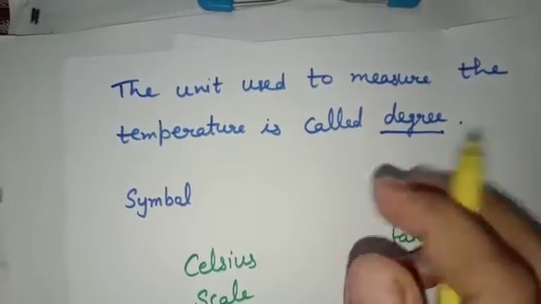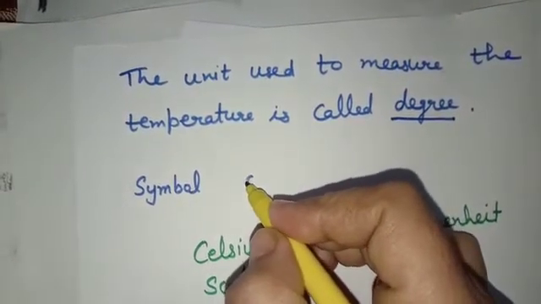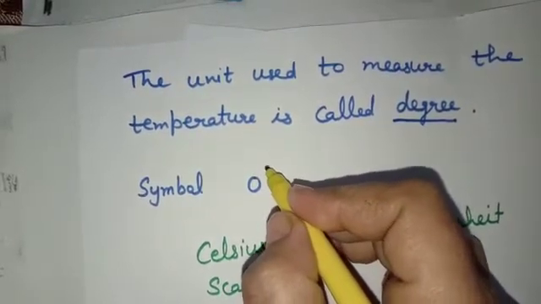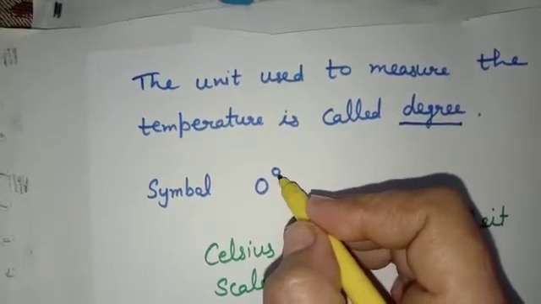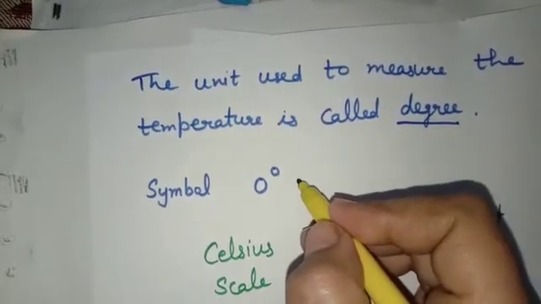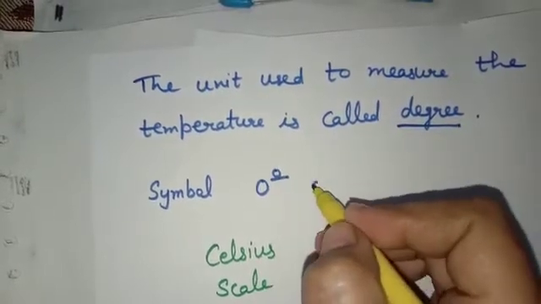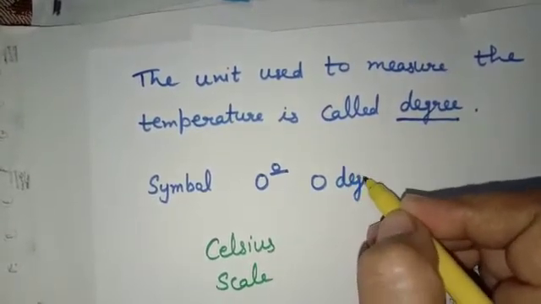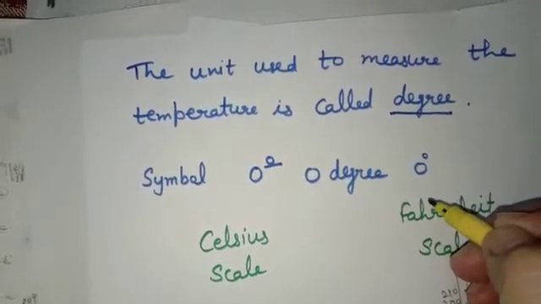What is the symbol for degree? For example, the temperature is 0. Degree means a small zero at the upper side, and this is called degree. We read it as 0 degree, or write it as 0 degree.